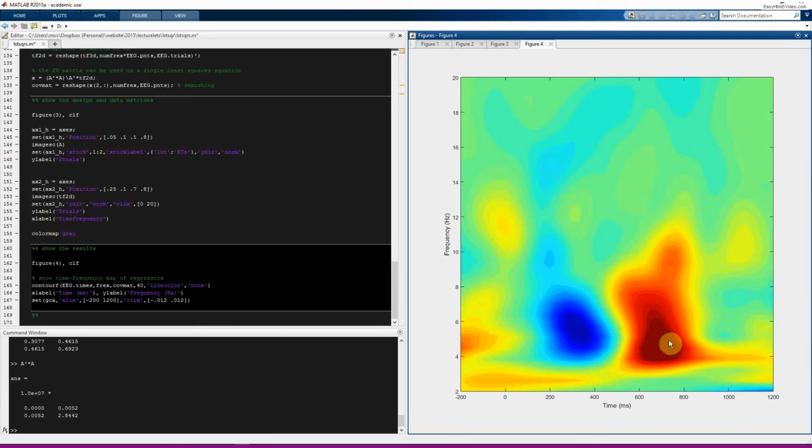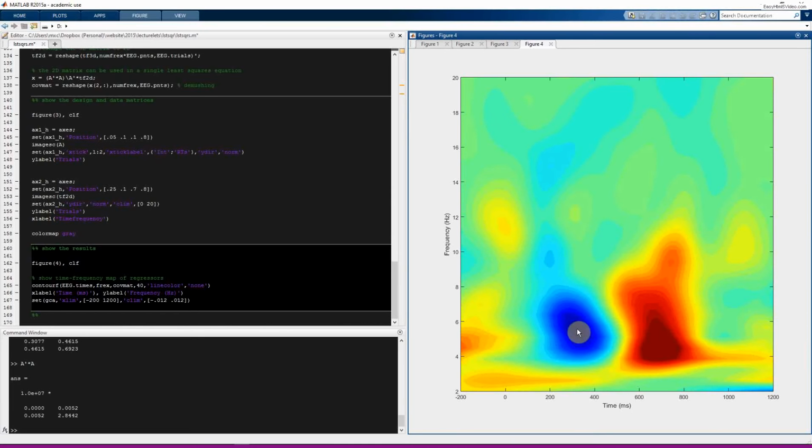And so the way we would interpret this is we say that trials that had a longer reaction time also have larger theta power between 600 and 800 milliseconds. And similarly, we can interpret this the other way maybe.